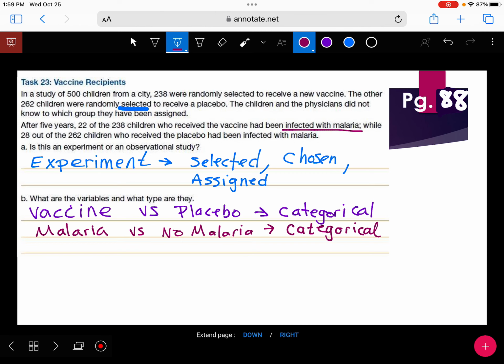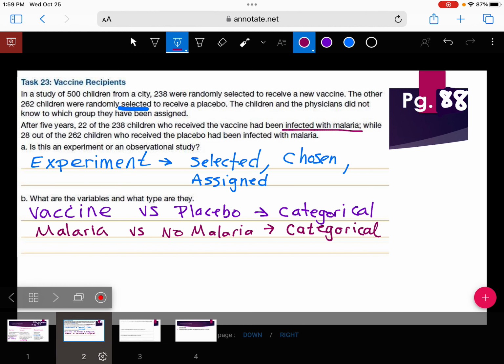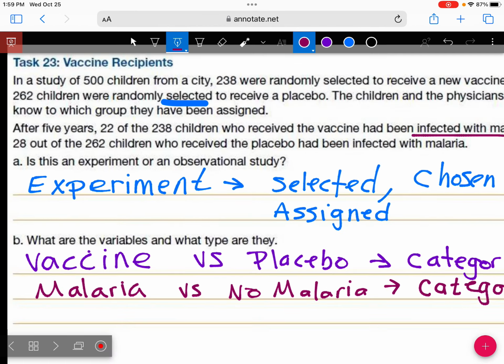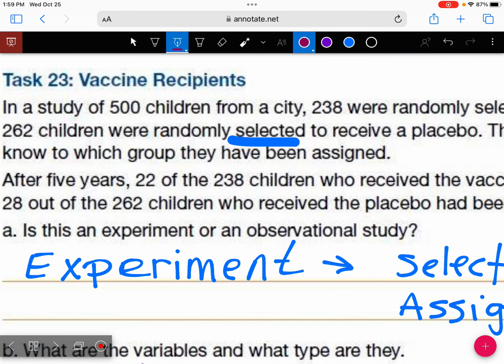Because we're trying to analyze whether or not this vaccine works. So we need to figure out how to analyze the data, which means we need to show the data. So I want you to try and do that. You've got all the information you need in this table, or in this paragraph.